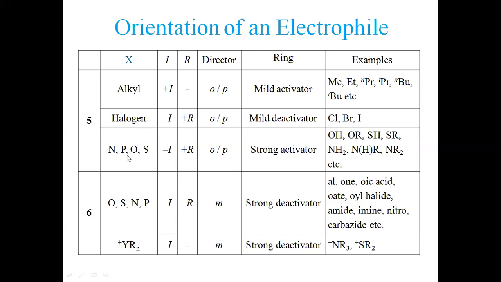If it is nitrogen, sulfur, oxygen, phosphorus, etc., it shall be an ortho para director but strongly activating. This is the difference among them. But if it is model 6, then it shall be a strong deactivator group but meta director. So these two are meta directors, structures 5 and 6 are ortho para directors.